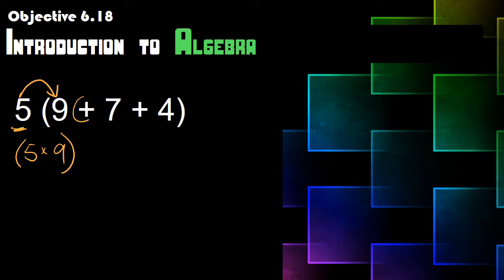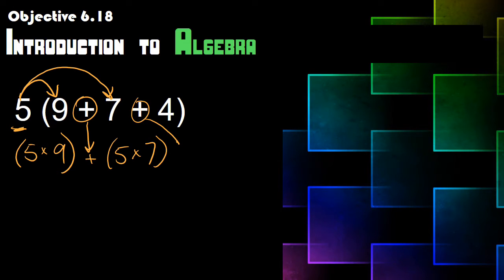And then we're going to bring our operation sign right down in the middle here. And now we're going to distribute 5 into 7, so 5 times 7. And we're going to bring our operation sign down. And then we're going to distribute 5 times 4. And all the distributive property says is that the same answer that we got as 100 using order of operations, we should get here.